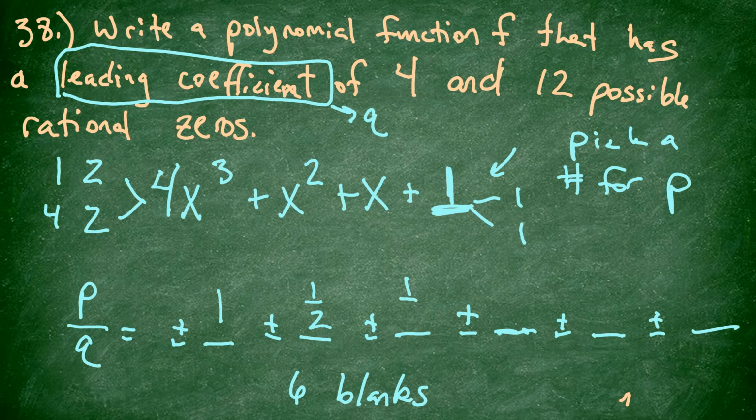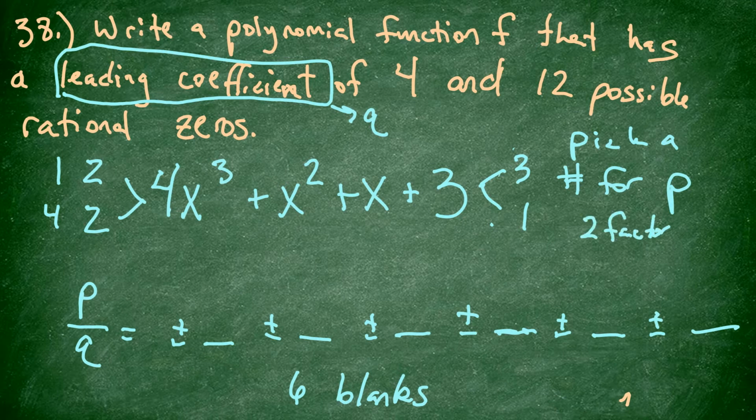I'm going to pick a different number for p. I'm going to pick 3. Because if I pick 3, I'm going to have 2 different factors. And 2 factors times 3 factors from 4 will give me 6.